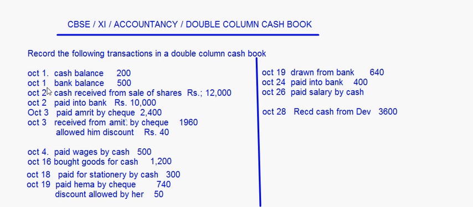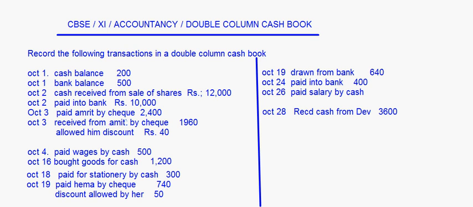Okay. Now the transaction on October 2nd, it says cash received from sale of shares rupees 12,000. Here the simplest thing I follow is whatever increases your bank balance will be debited, whatever decreases your bank balance will be credited.